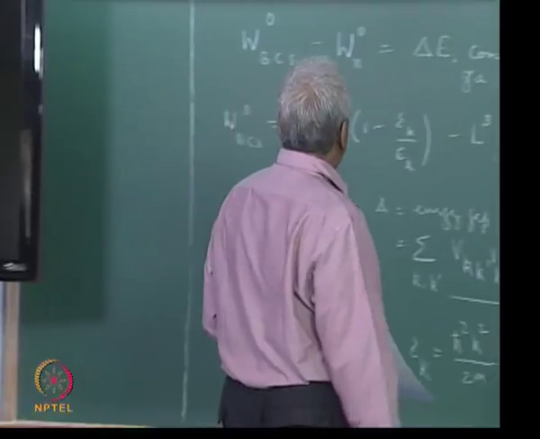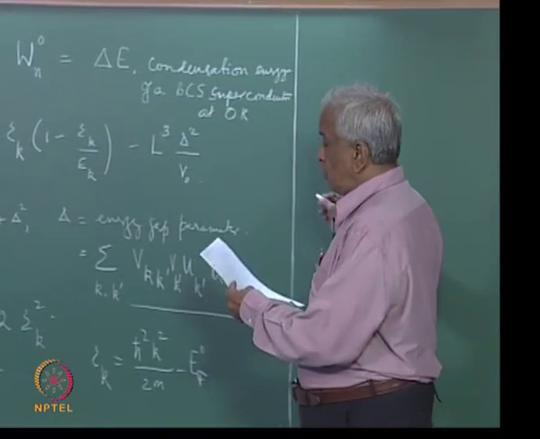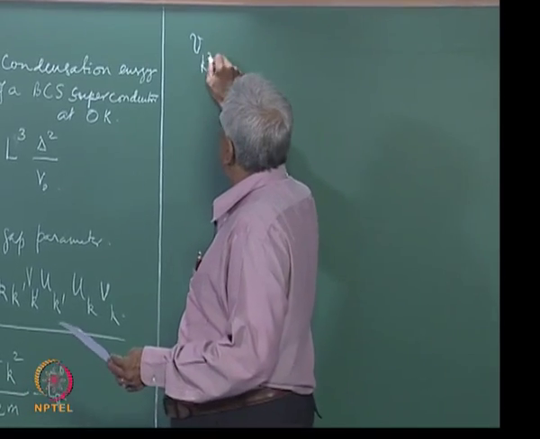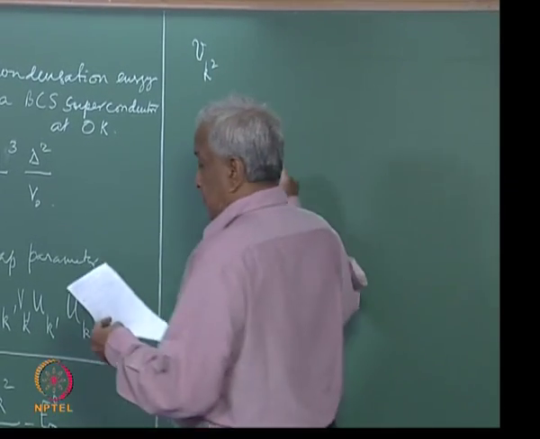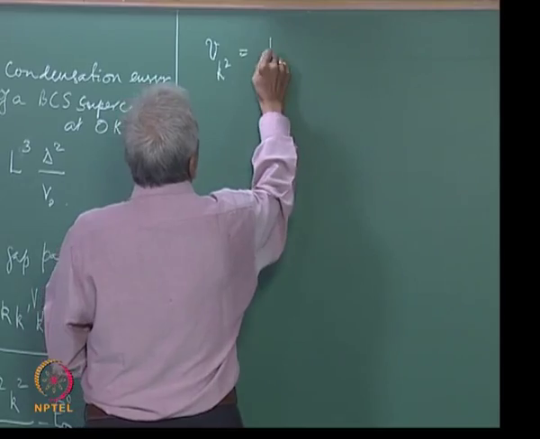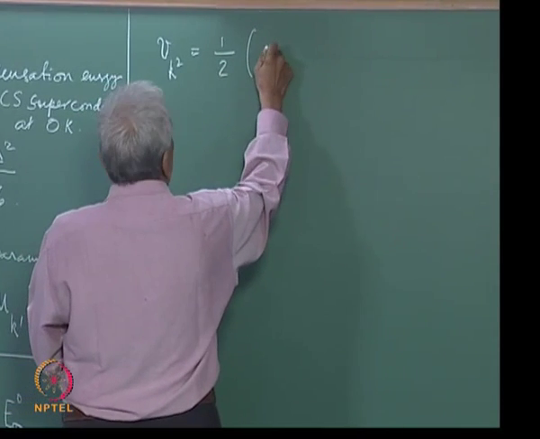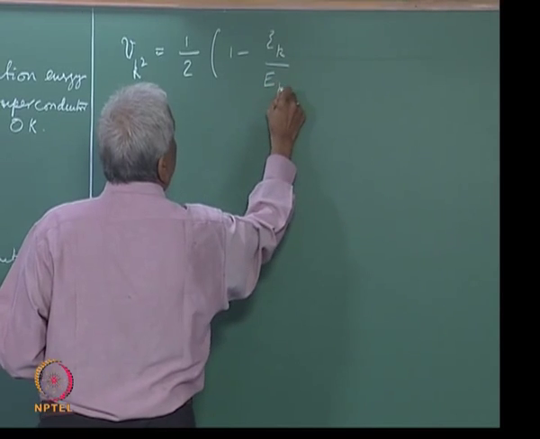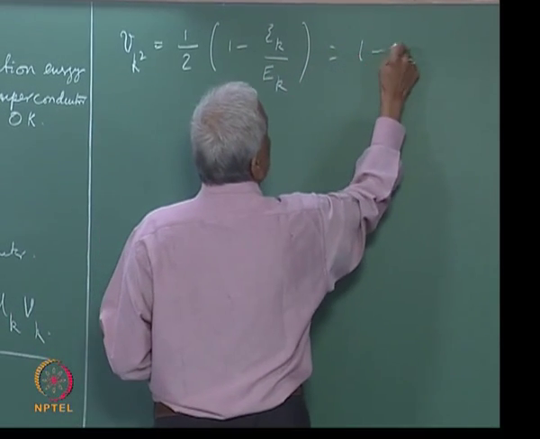Here we also use the parameters V_k square and U_k square, the occupancy factors, which were given as half of (1 minus ψ_k by E_k) and (1 plus ψ_k by E_k).